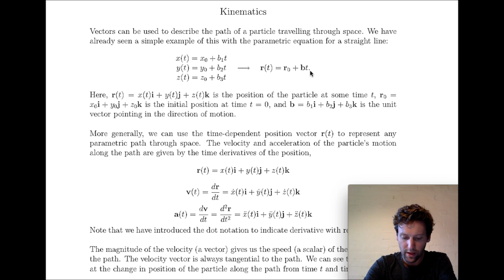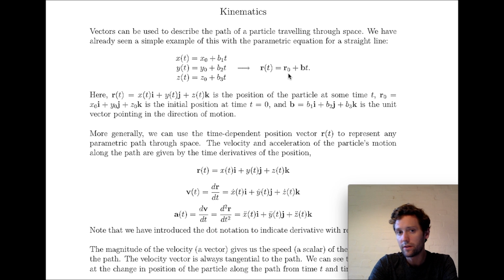So here we're thinking about r of t as a vector with three components, x, y, and z, and those components themselves are functions of t. So we can think of this as the position of the particle at some time, and r of 0 here is the initial position.